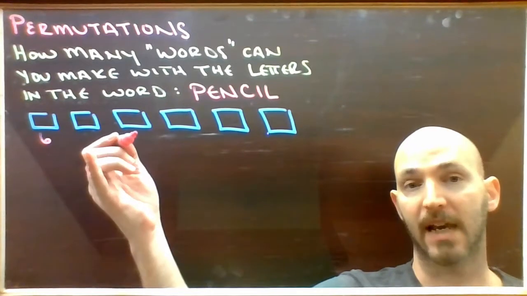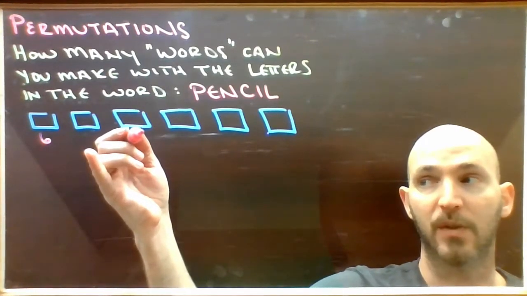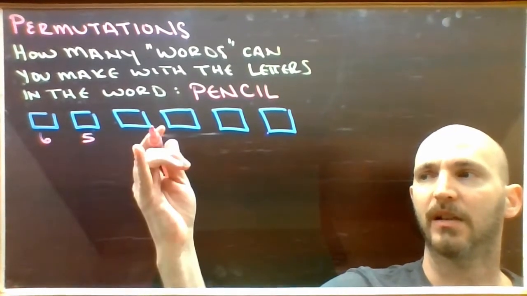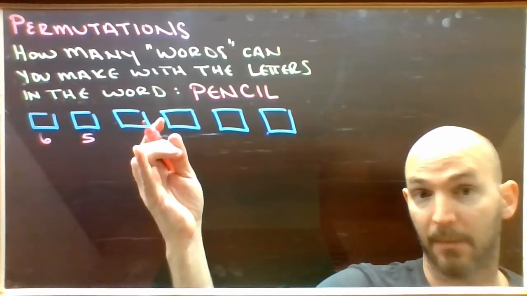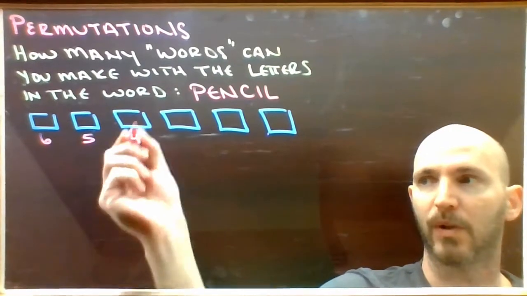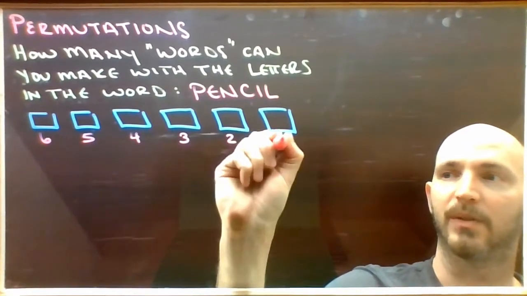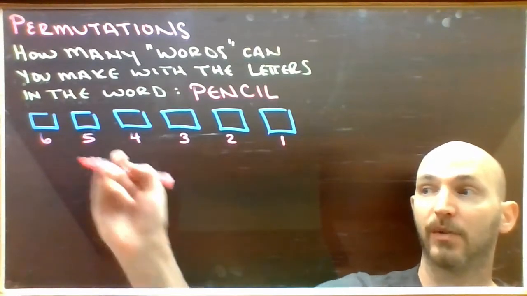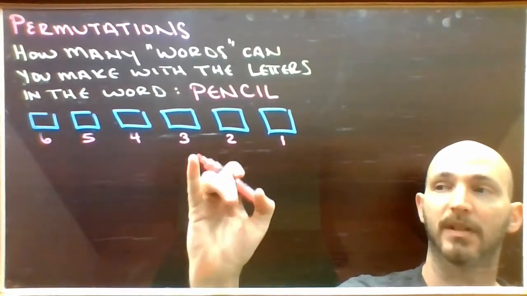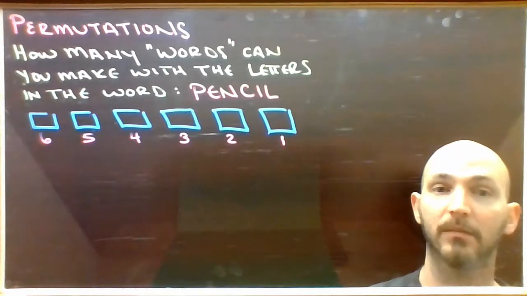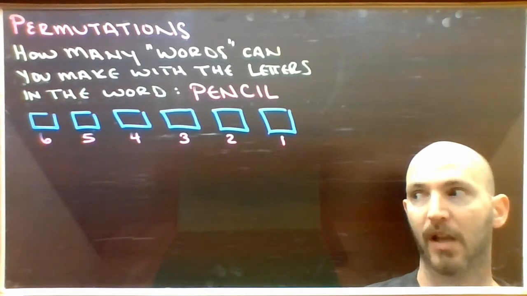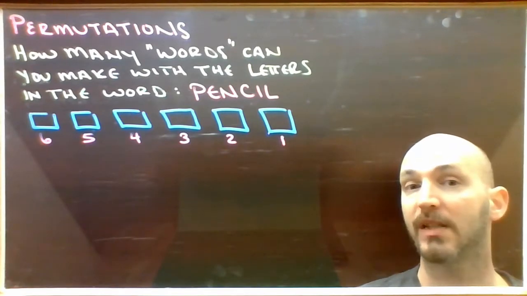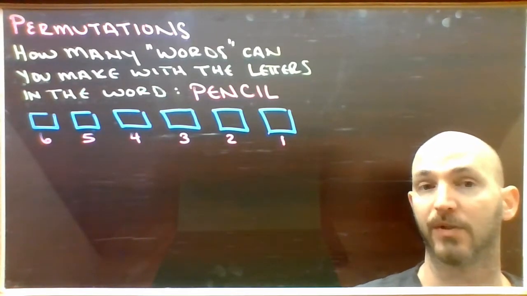When you go to the second letter, you can use anything except the one you just used. So that leaves 5 choices. And then here you can use anything except what you've already used. That leaves only 4, then only 3, then only 2, then only 1. So you could get this answer by doing 6 times 5 times 4 times 3 times 2 times 1. Or you can hunt on your calculator and find that exclamation point button and use the factorial function in order to answer this.